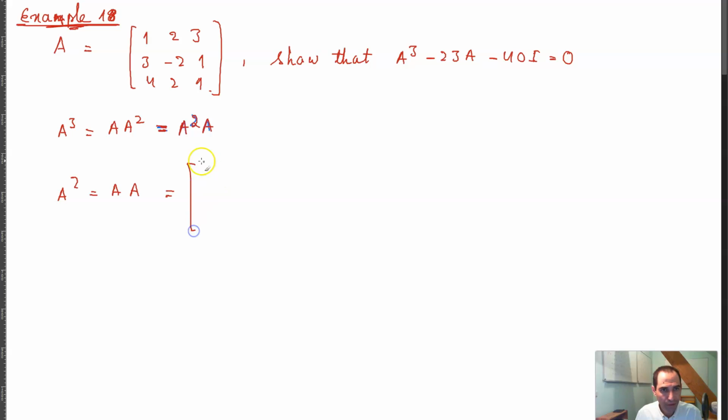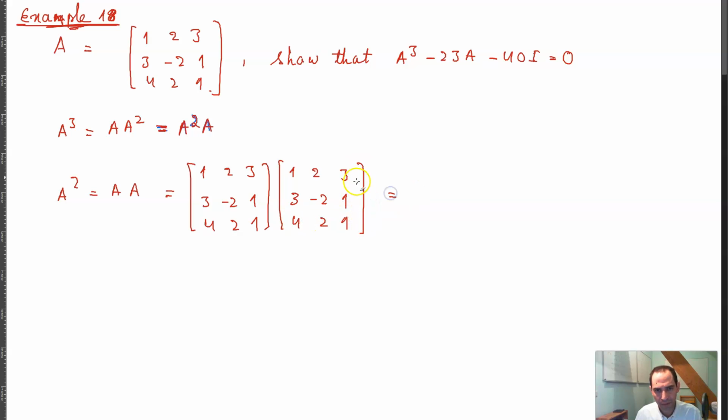So then I have 1, 2, 3, 3, negative 2, 1, 4, 2, 1, and here again 1, 2, 3, 3, negative 2, 1, 4, 2, 1. Then if I do this multiplication, I take this row and this column: 1 times 1, plus 2 times 3, plus 3 times 4, so 1 plus 6 plus 12.